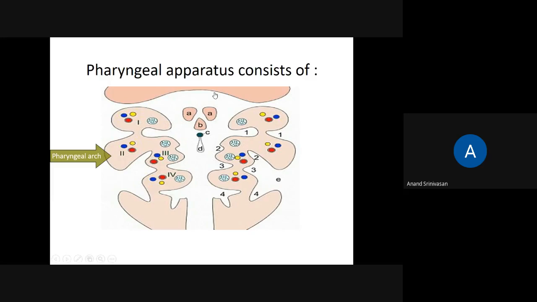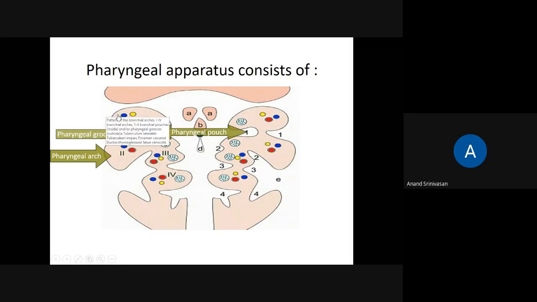You know that the neck is initially not smooth during development. There are some corrugations. From the outer aspect, these corrugations are called arches. Inside you can also see corrugations, which are called pharyngeal pouches, and between the pouches there is a groove, called the pharyngeal groove.